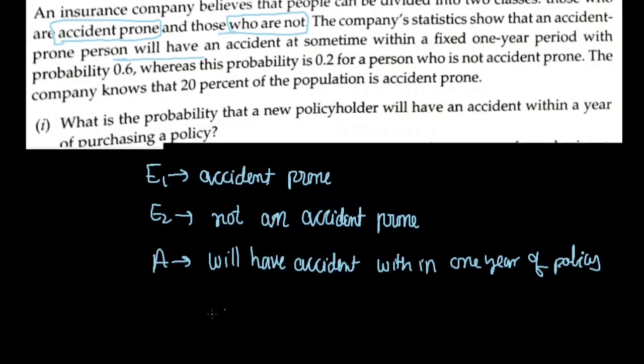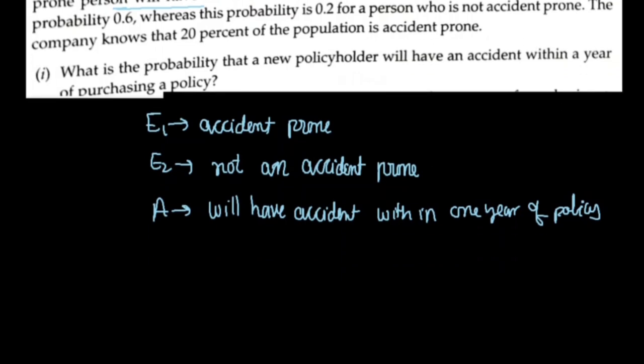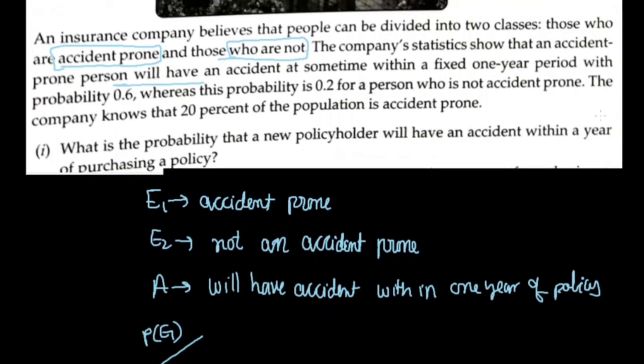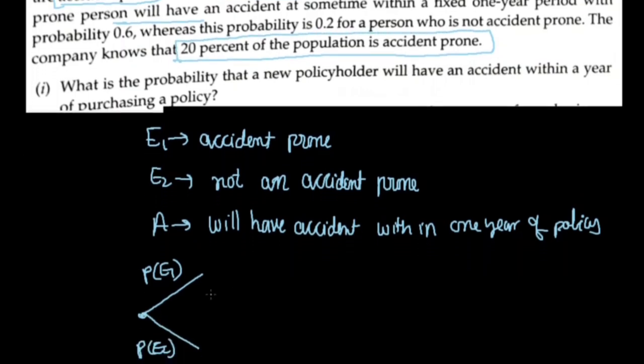So we will draw the Venn diagram and the tree diagram. Probability of E1, probability of E2. Here, 20% of the population is accident prone, so 20 by 100, which is 2 by 10.